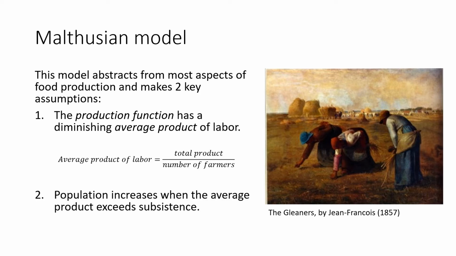The second assumption is that population increases when the average product exceeds subsistence. We'll get into this in more detail, but in this case, subsistence is our minimum required for survival. What we're saying here is that as productivity increases, there will also necessarily be an increase in the population.